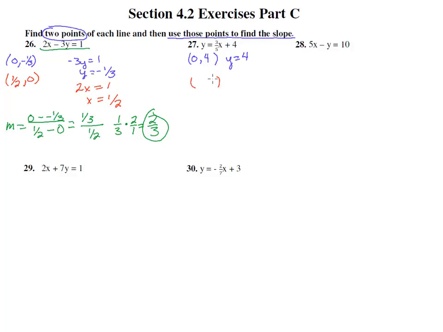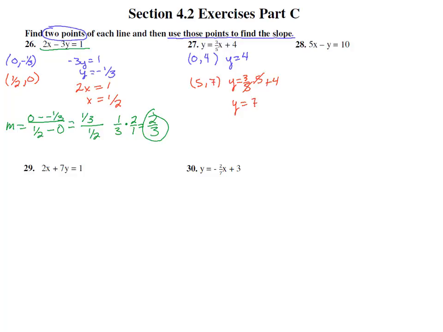We could do that intercept, but then we'd have to solve for x. That might be a little bit messy, but we could do it. Let's stick in an x value that'll get rid of the fractions for us. Stick in 5. That's a nice one. If we stick in 5 for x, we get y equals 3/5 times 5 plus 4. Oh, look at that. Canceled the fractions out and we get y equals 3 plus 4 is 7.